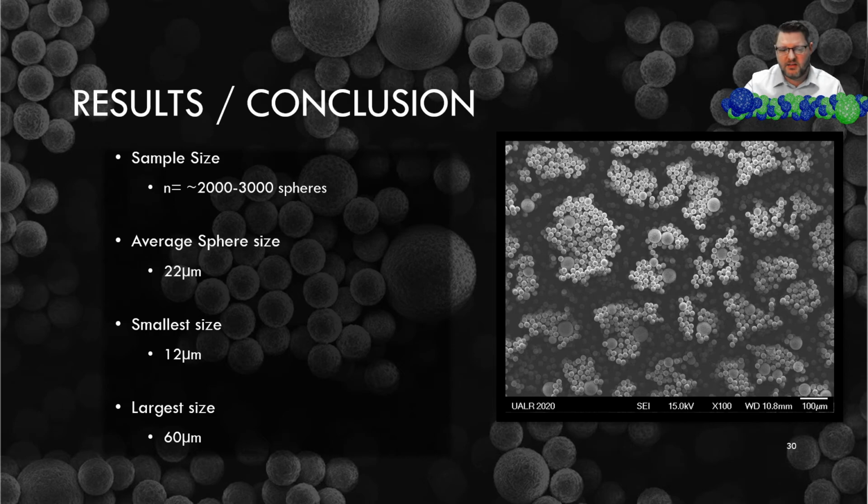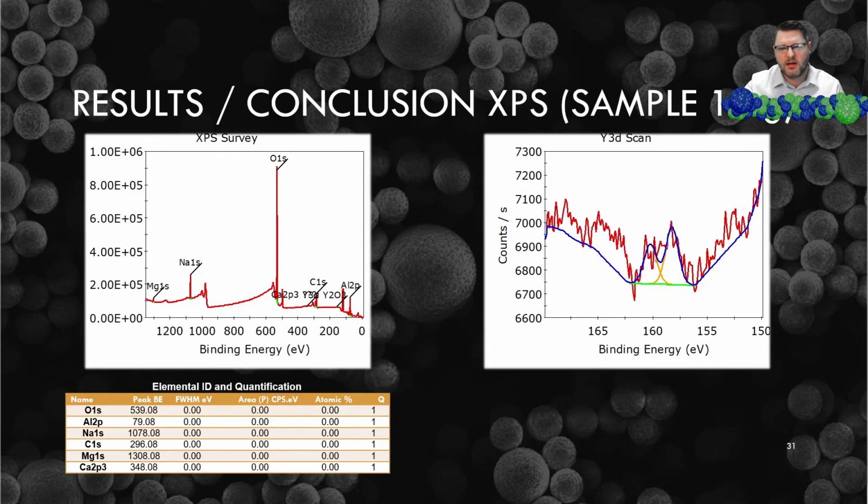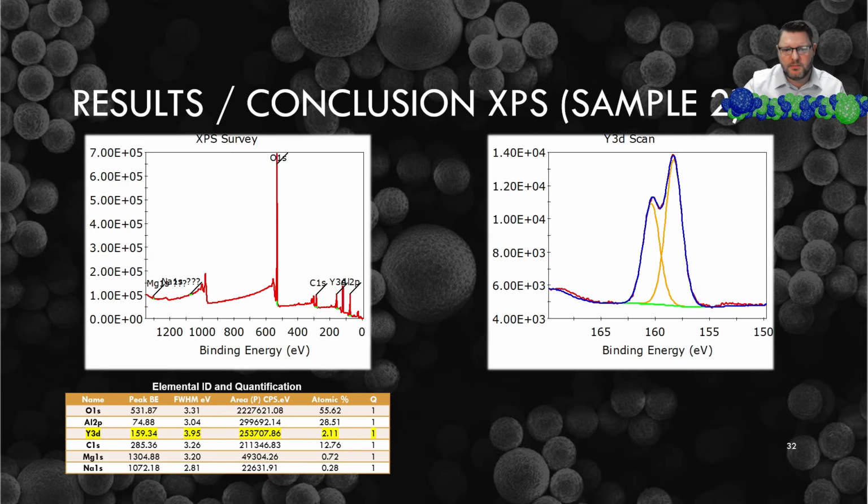I'm going to go through these last little bit here kind of quick. The XPS we looked at. This right here is a background. Not a whole lot of anything. There's aluminum, oxygen, carbon. Sample number 1 really shows that there is yttrium in the sample.